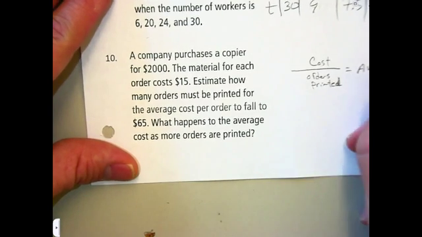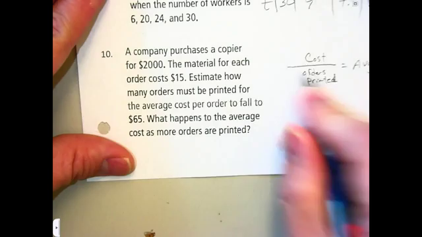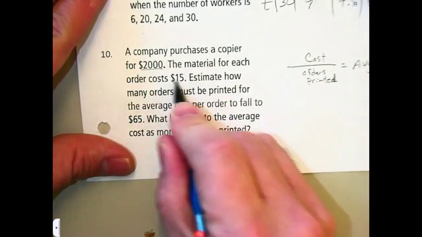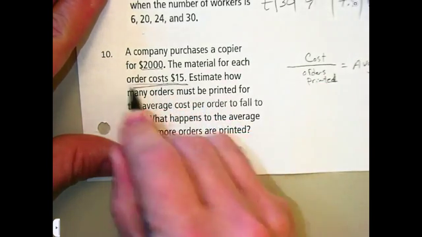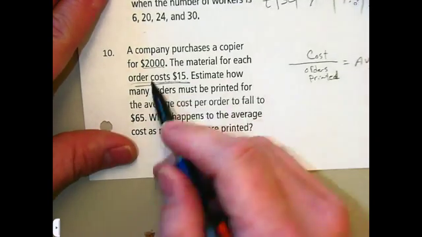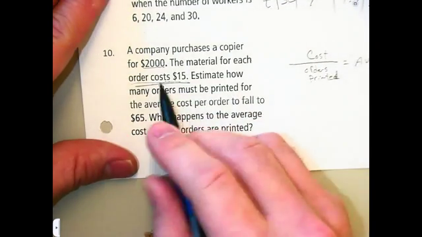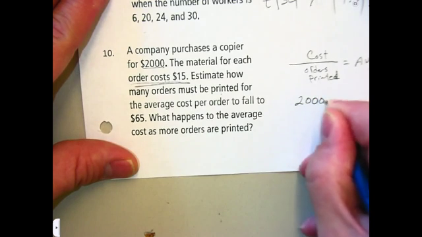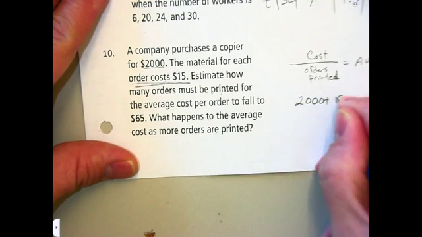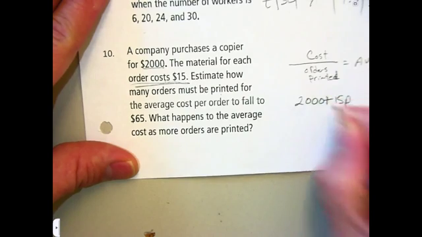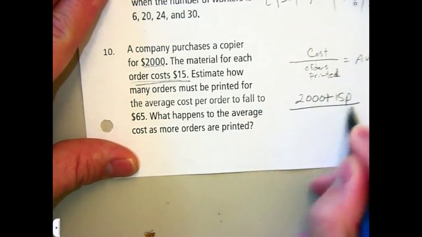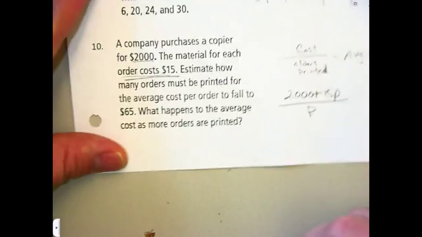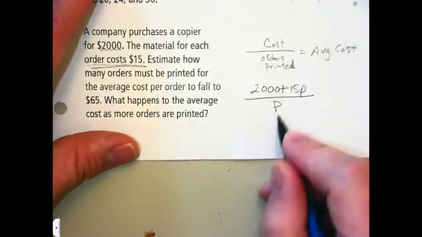Okay, so our total cost is $2,000 plus 15 per order. If we call the orders printed, maybe we say P for printed. Okay, and then we divide that by P. That's the number of orders printed.